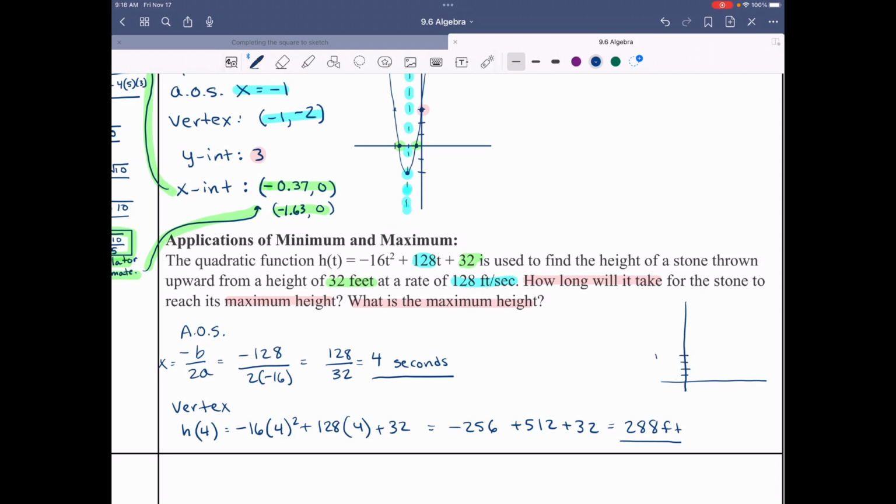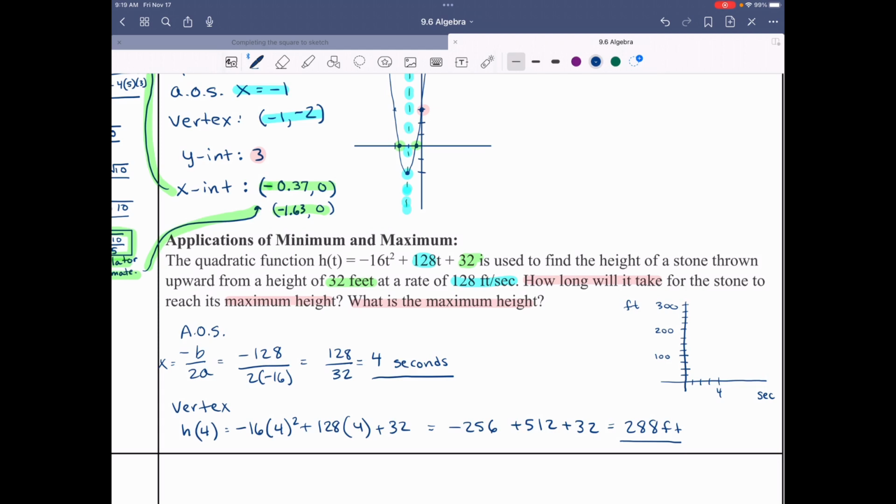So that would be 100, this would be 200, this would be 300. So we counted by 25s, but I only marked the hundreds. And then we have 4 seconds, so we'll just count by ones here. Our x-axis is seconds, and our y-axis is feet.